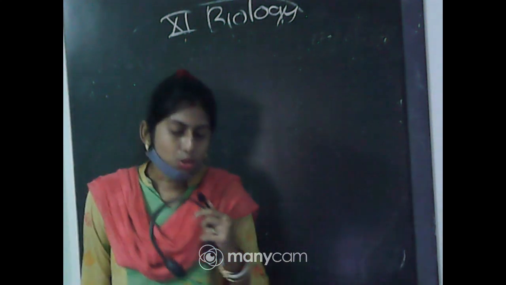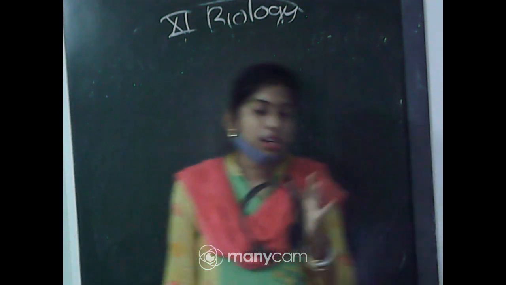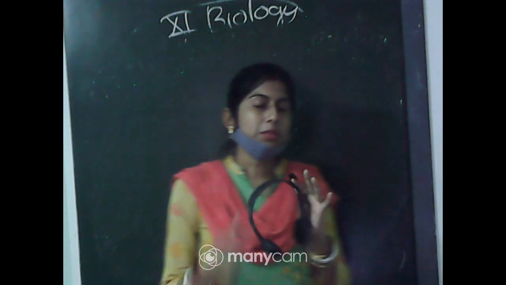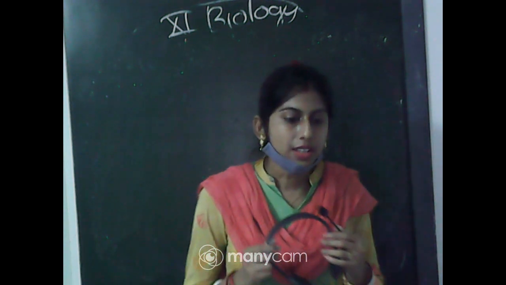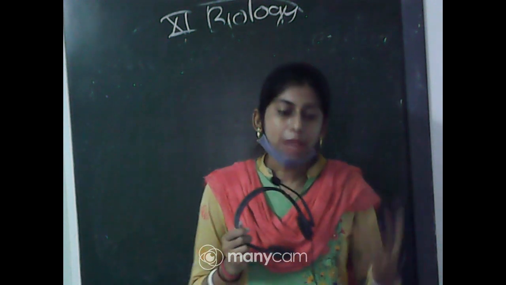So how is this absorption of light energy taking place, or who is playing the main role in this process, first we have to know. As we know, the light reaction is also called the photochemical reaction. Why photochemical reaction? Because in this particular light reaction, light energy, that is photo meaning light, is required, and the light energy is converted into chemical energy.